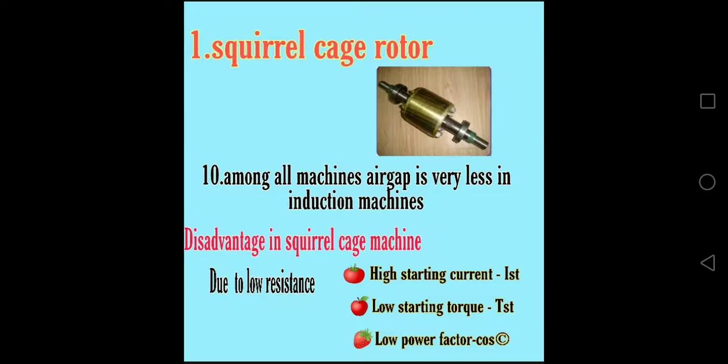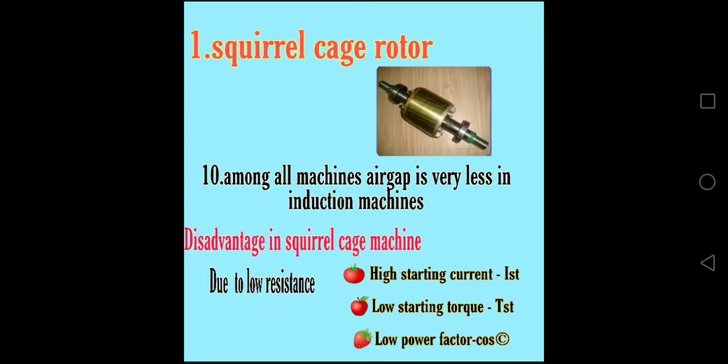To overcome these three disadvantages in a squirrel cage induction machine, we go for two other methods: the skewed rotor method or the double cage rotor method. The disadvantage in the squirrel cage induction machine is low resistance.